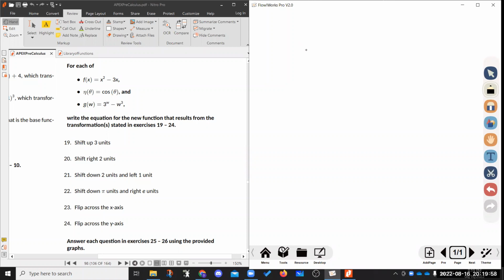Now we want to shift down 2 and left 1. So left 1, down 2. X squared minus x. 1 minus 3 is negative 2, minus 2 is negative 4.